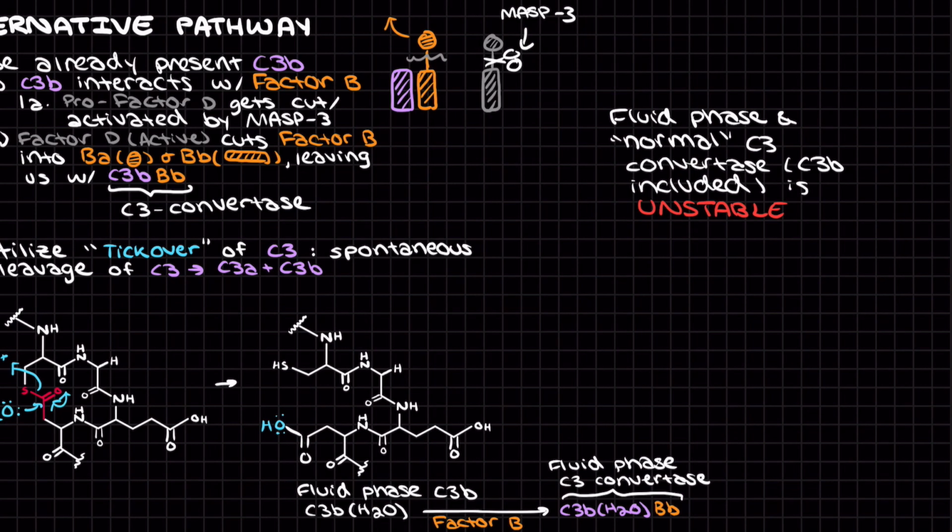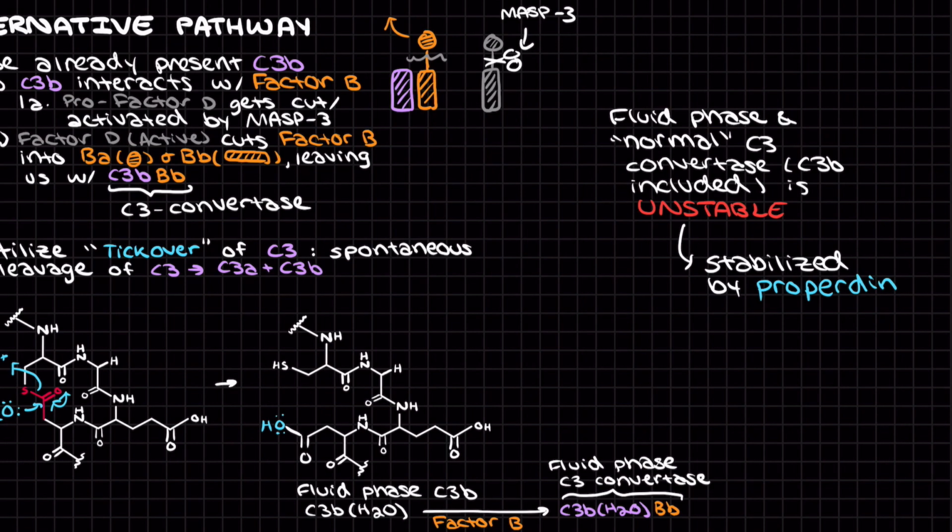However, if we want to stabilize it, we can, and we can do it through a protein, and I'm going to put this in blue. It's going to be stabilized by a protein called properdin. And the properdin, we could think of it almost as if it wraps itself around the C3 convertases, the C3b-BB convertases, both in its fluid phase and in its normal phase.